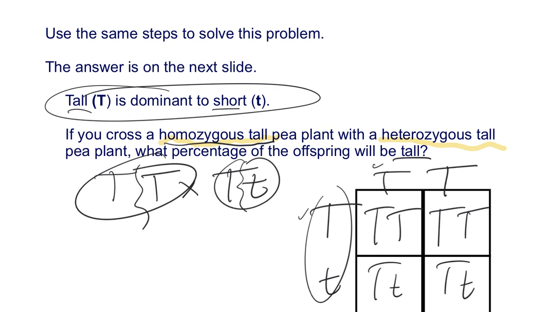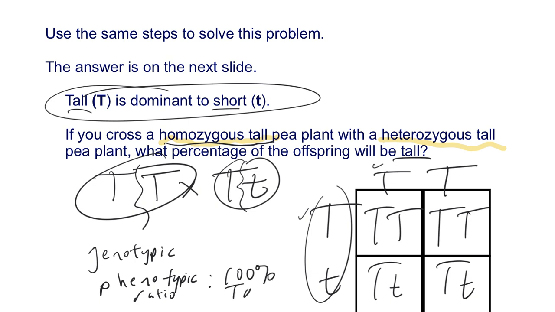And look what happens: all of them are tall, because big T is dominant. So my genotypic ratio is different than my phenotypic ratio. My phenotypic ratio, which is what they're asking, is 100% tall.